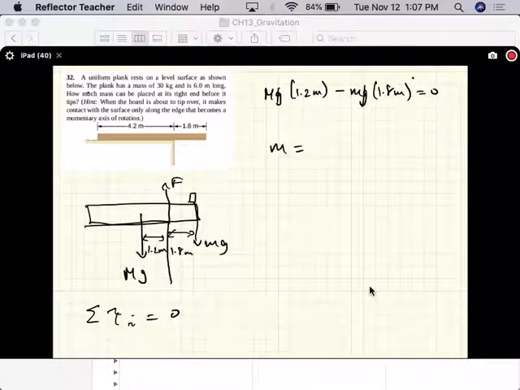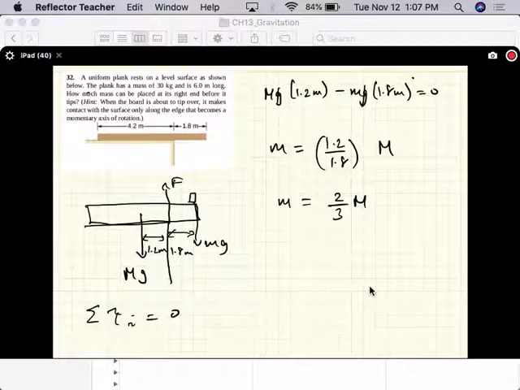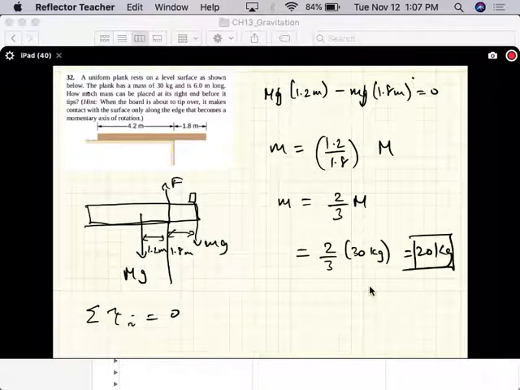So m is equal to 1.2 divided by 1.8 times m. At 20 kg, you would tip the plank.